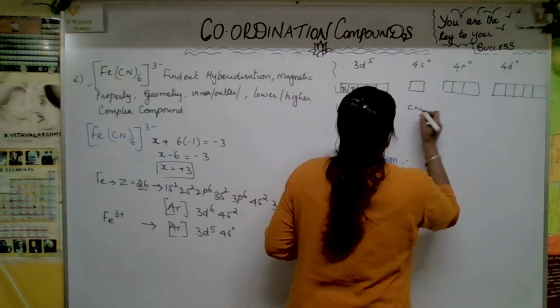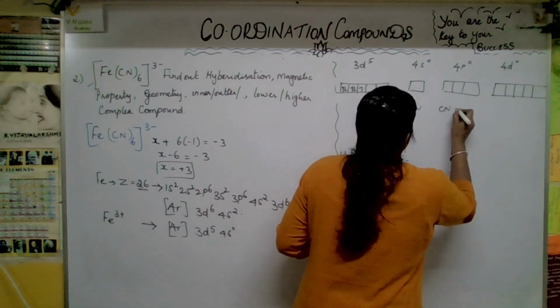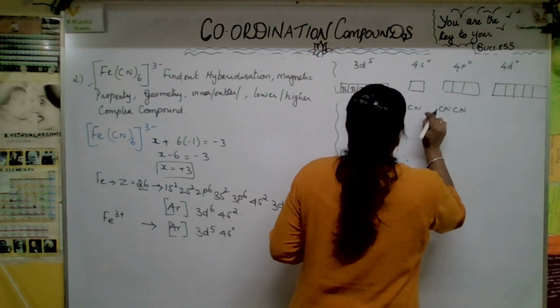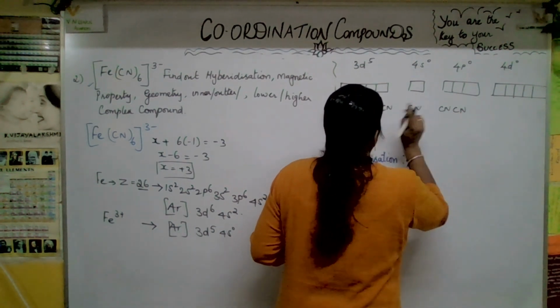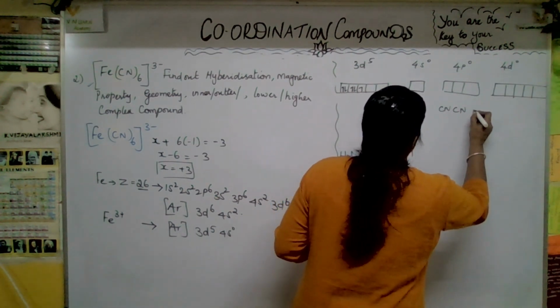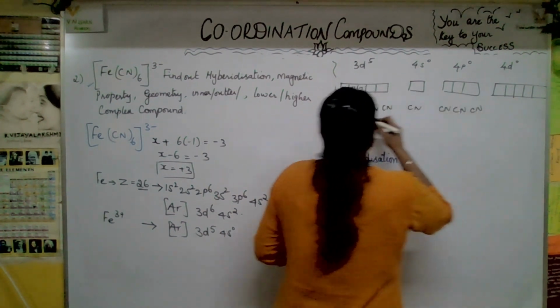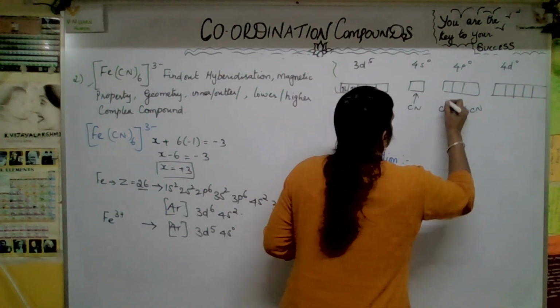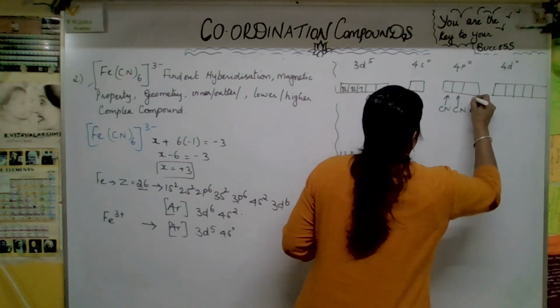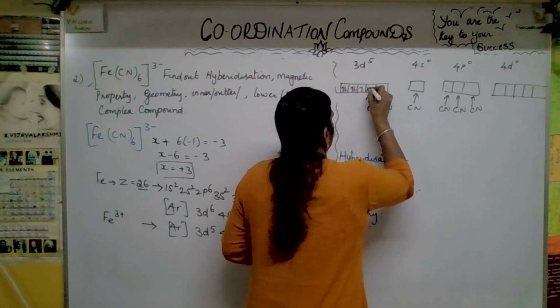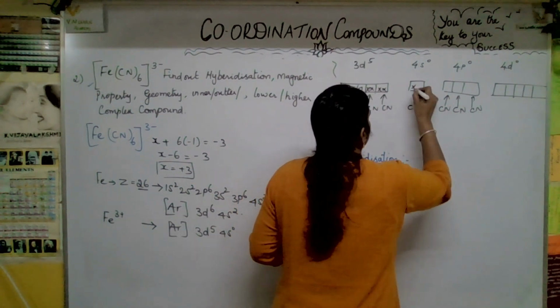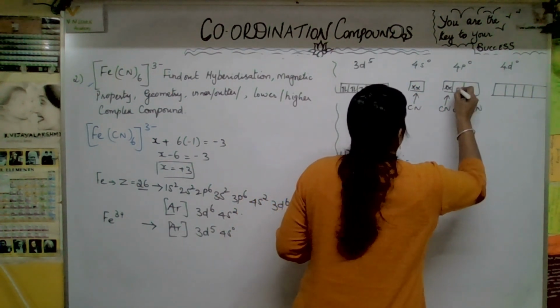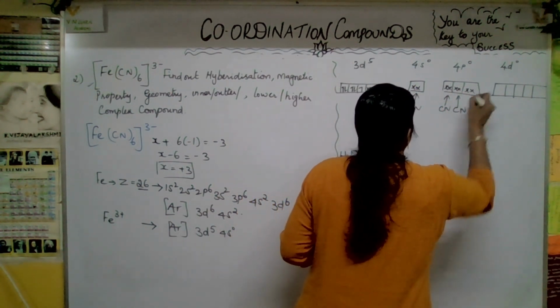CN, CN, 1, 2, 3, 4, 5, 6. Okay, so it will fill here, 1, 2, 3, 4, 5 and 6.